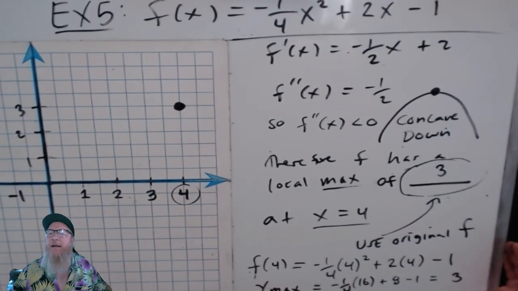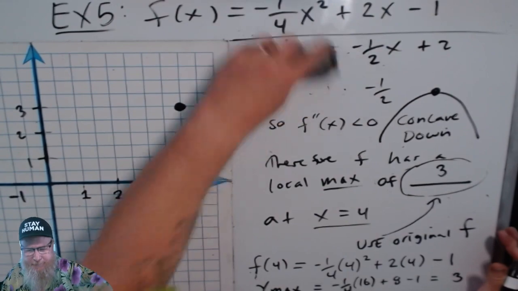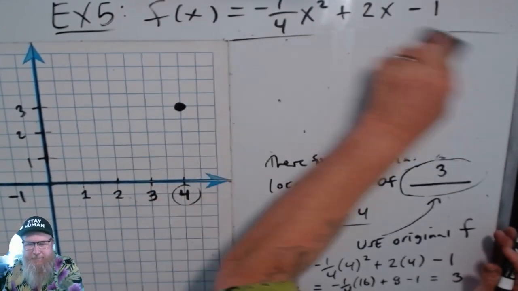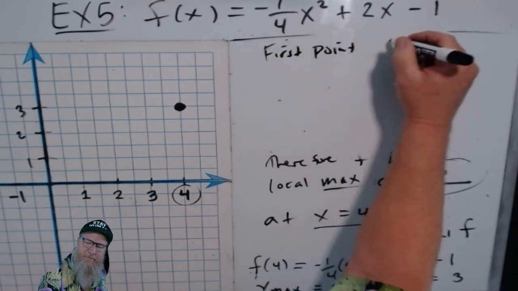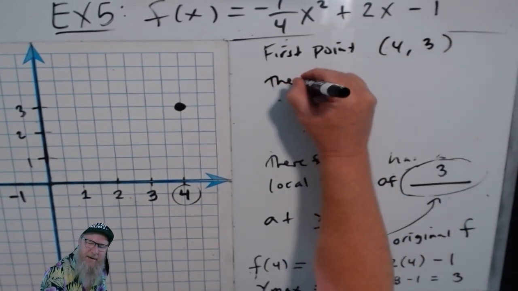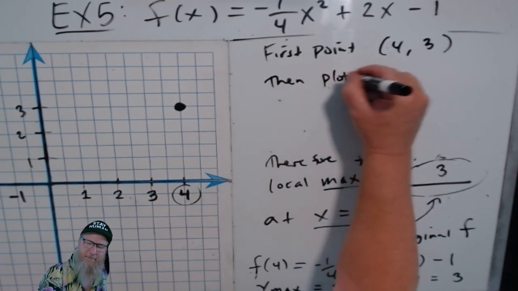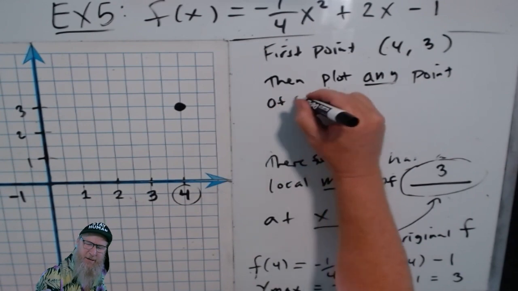So the first point is for 3, then plot any point of your choice.